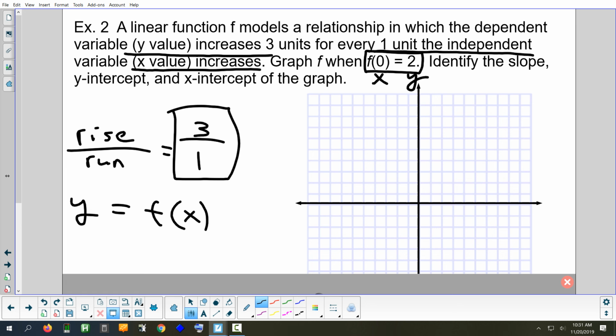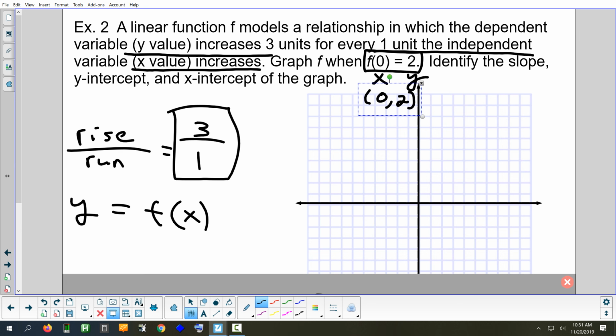What, comma, what? 0, comma, y. Wait, no, 0, comma 2. What you just wrote right there, that is your y-intercept. This is telling you the y-intercept. X is 0, y is 2.